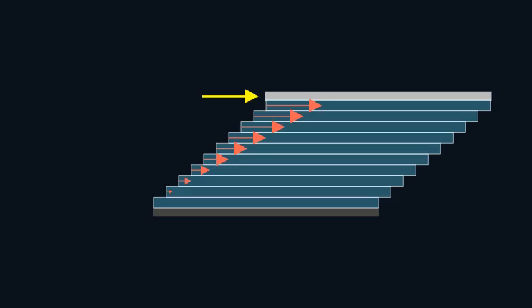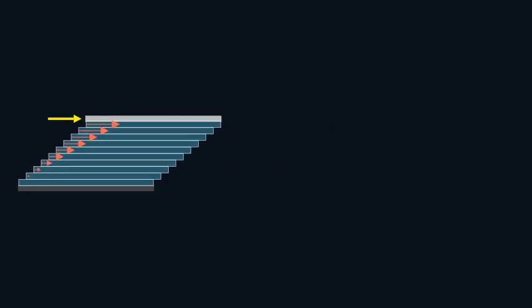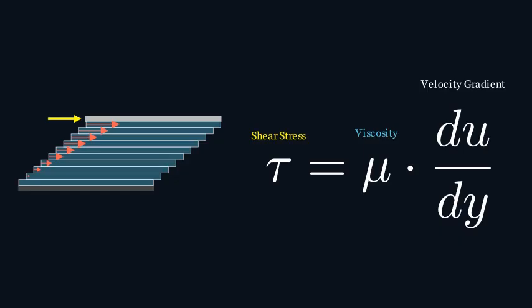This creates a gradient of velocity, a smooth change in speed from the top to the bottom. This relationship is the heart of viscosity. The shear stress, which is the force we're applying per unit area, is directly proportional to the velocity gradient. And the constant of proportionality, the Greek letter mu, is the viscosity.